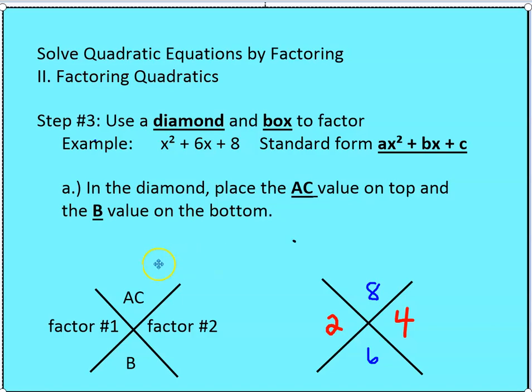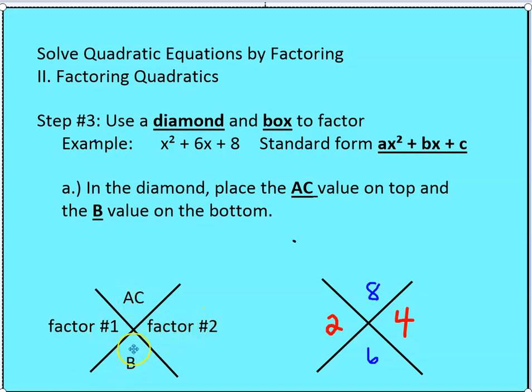All right, so you're going to create your diamond here. That's really an X. And in the top part of the X, the diamond, you're going to put AC, A times C. So this would be 1 times 8, or 8. And then the factors of A times C that add to B, that's what you're looking for.